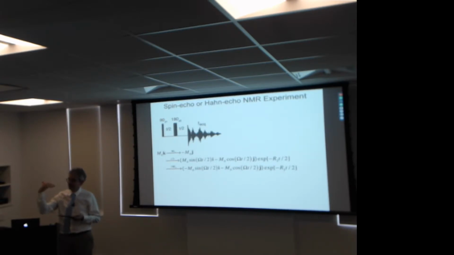And what will a 180-degree pulse do? The magnetization is going to rotate down to minus Z and then all the way up to minus X. A 180-degree rotation around Y of something that starts on X will rotate to minus X. Everybody happy with that?